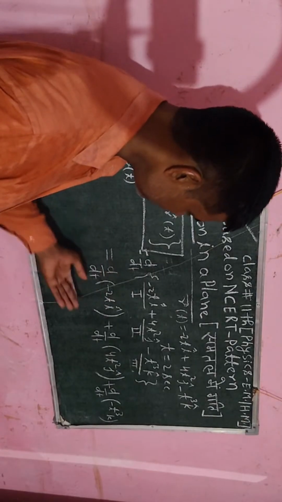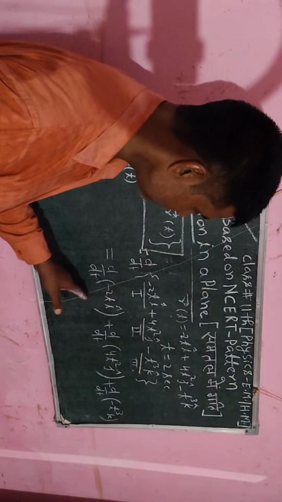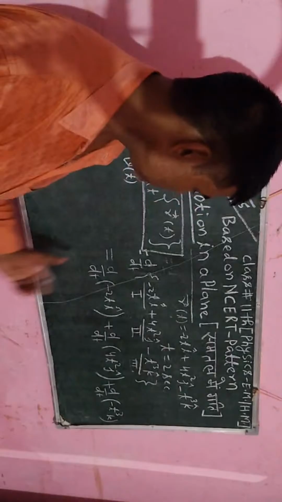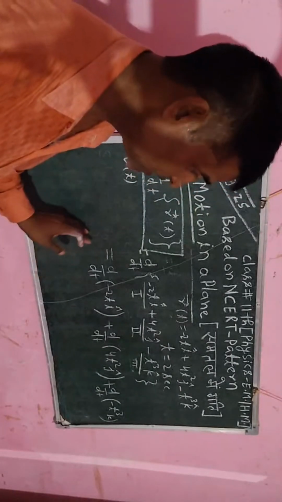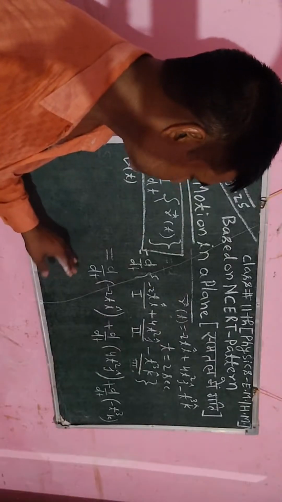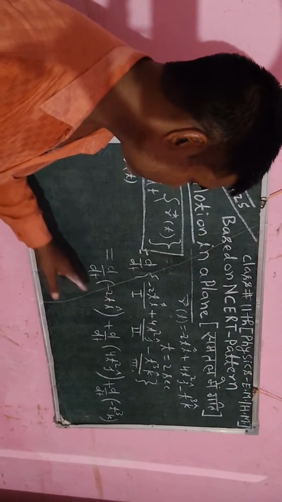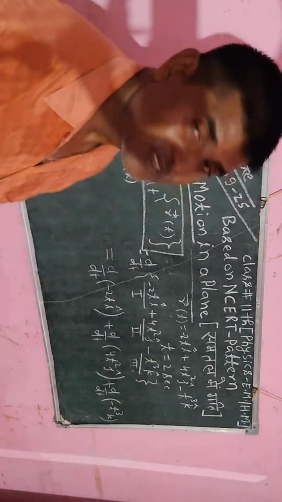Okay, now here I have written all this information, so I will use the concept of differentiation. I will write here, and after writing I will explain the differentiation formulas, and then I will apply them here for getting its value.